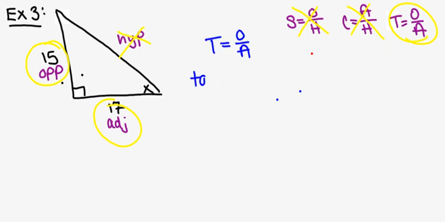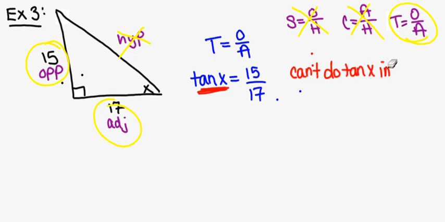So I've got tangent of angle x equals my opposite piece, which is 15, over my adjacent piece, which is 17. I can't plug tangent of angle x into the calculator. So what that tells me is that I'm going to have to use inverse trig.